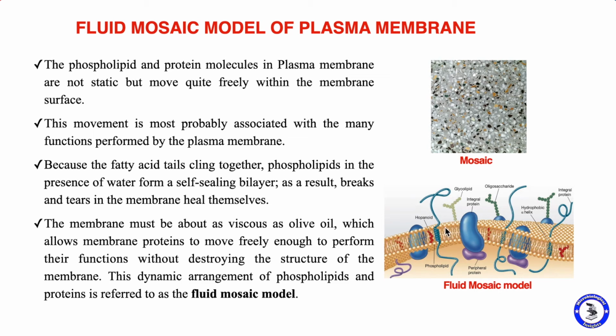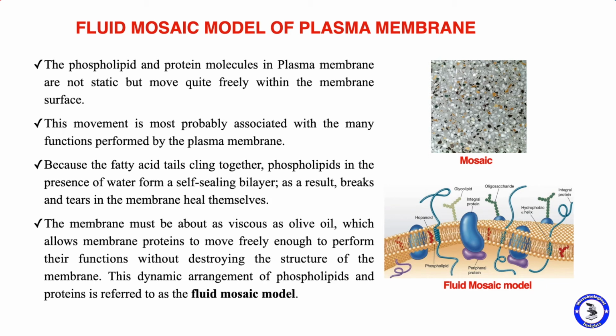The fatty acid tails cling together. So the phospholipids, in the presence of water, can form a self-sealing layer. If any break or cut occurs in the plasma membrane, this self-sealing bilayer repairs itself.